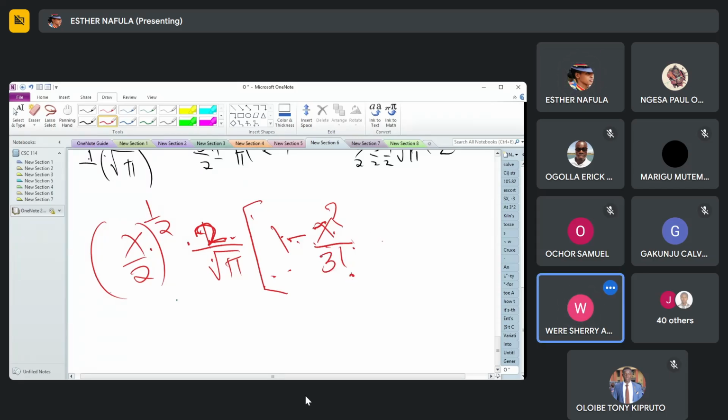The answer we got for the gamma operation was 3 over 2 times a half root pi. So what do we have here? It's 2 over 3.